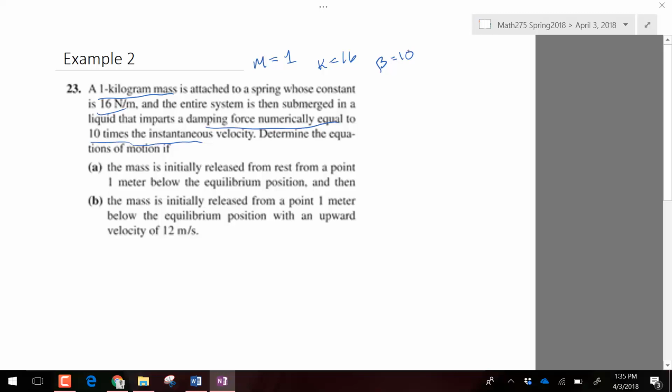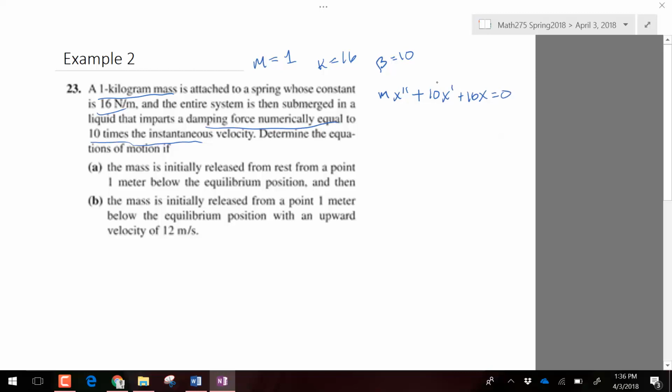If you remember the differential equation from the previous page, we're looking at the mass times x double prime, and bringing the other terms to this side, it'll be positive: x double prime plus 10x prime plus 16x equals 0.